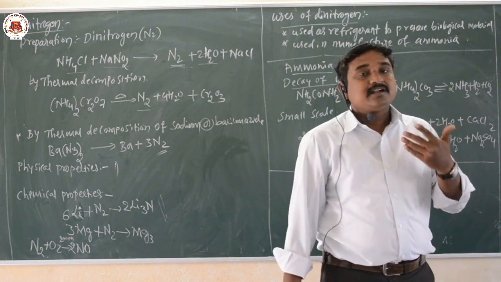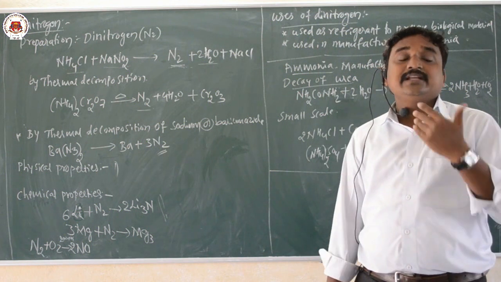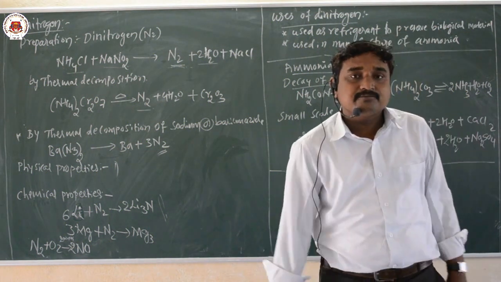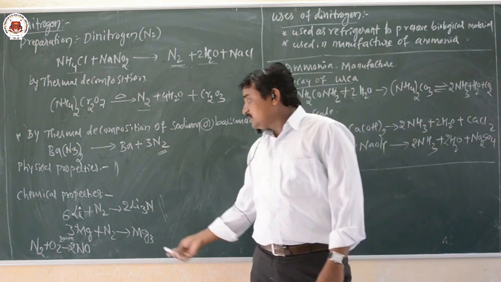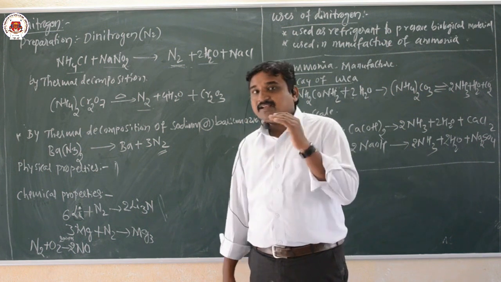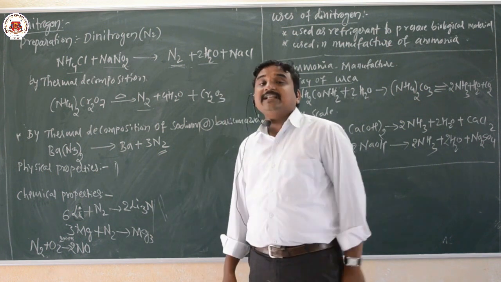These are the 2 examples I have given, lithium and magnesium. Lithium reacts with dinitrogen to give lithium nitride, which is an ionic nitride. Magnesium reacts with dinitrogen to give magnesium nitride, and these are examples of ionic nitrides.